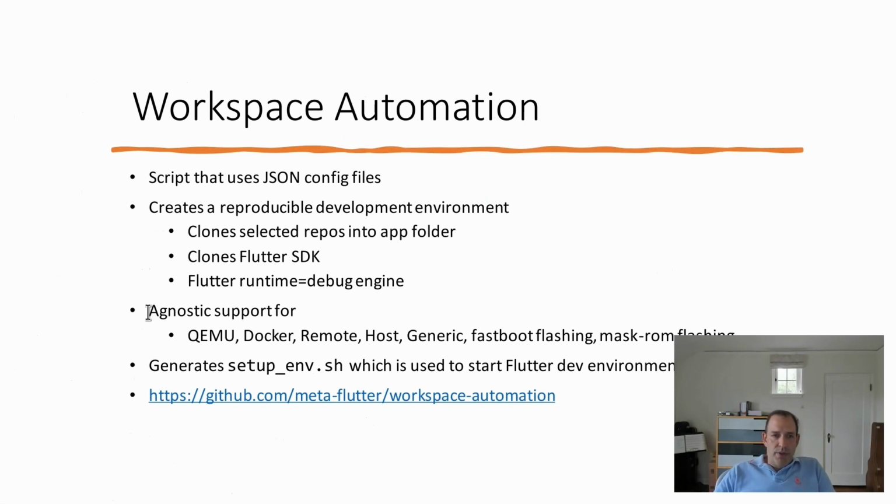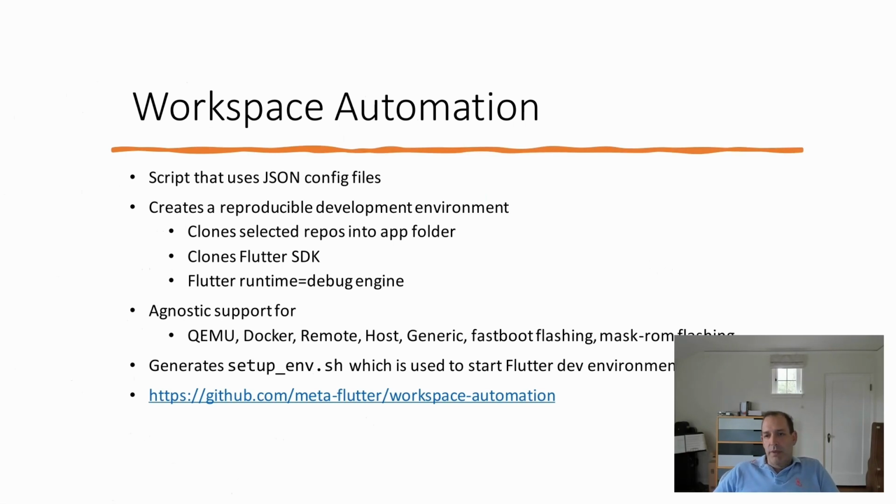Workspace Automation has agnostic support for QEMU, Docker, remote, host, generic, fastboot flashing, and mass ROM flashing. Depending on how the artifact section and the runtime section are defined or tagged with fastboot, you can set up your build artifacts as part of your config for a given device.